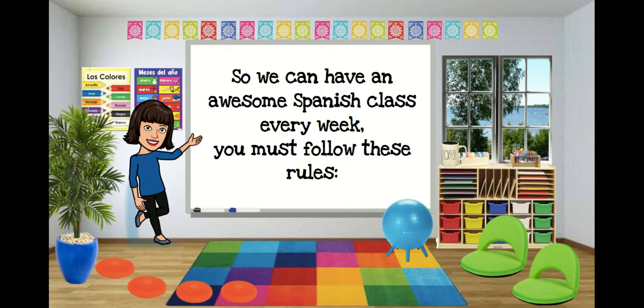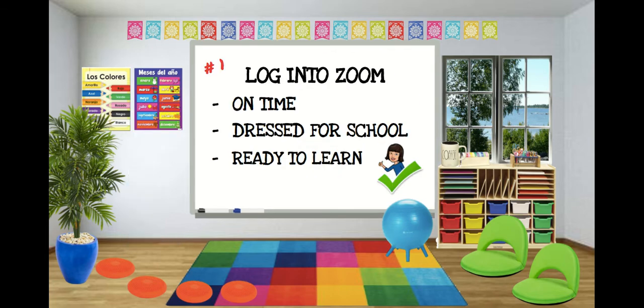Okay, so if we want to have an awesome Spanish class every week, you all must follow these rules. Rule number 1 is to log into Zoom on time, dressed for school, and ready to learn.